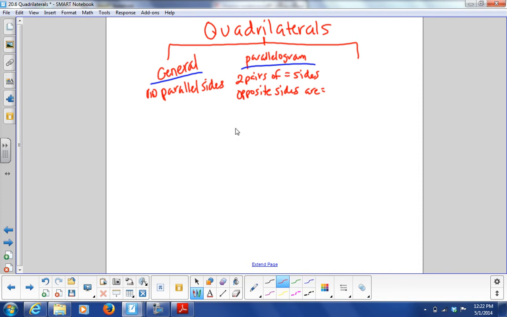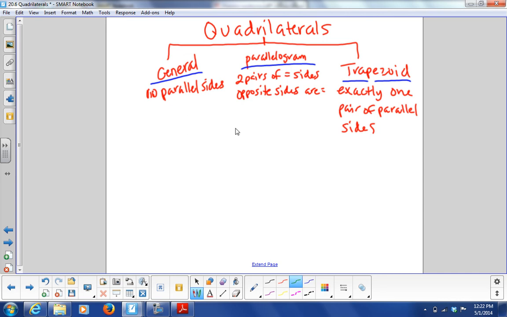And then I have a trapezoid, and a trapezoid has exactly one pair of parallel sides. So my quadrilaterals are broken up into three main types of quadrilaterals.